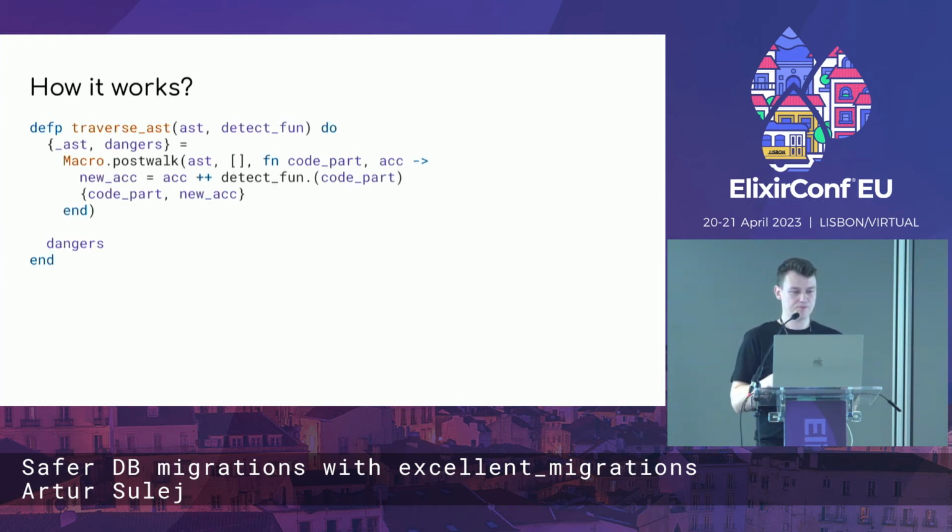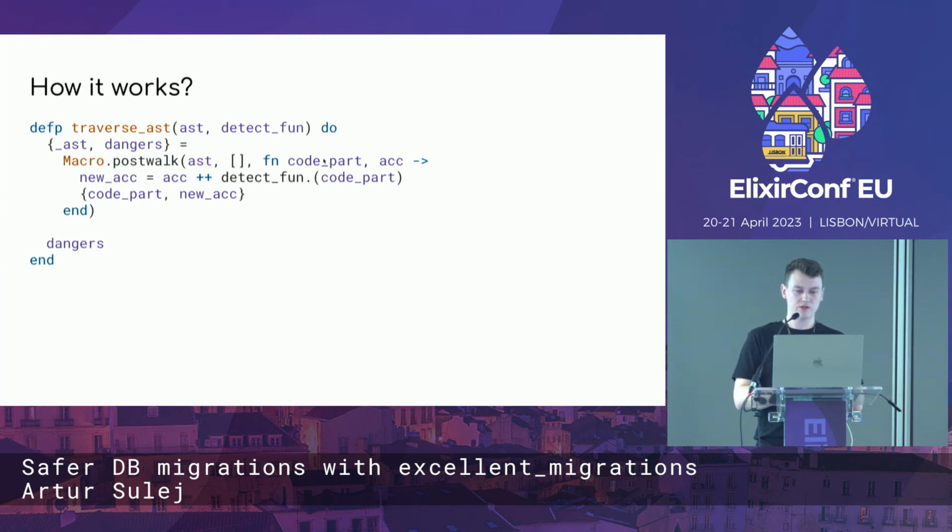And this is the piece of code responsible for traversing this AST. Basically how it works is that it gets all of the possible subtrees of this AST.